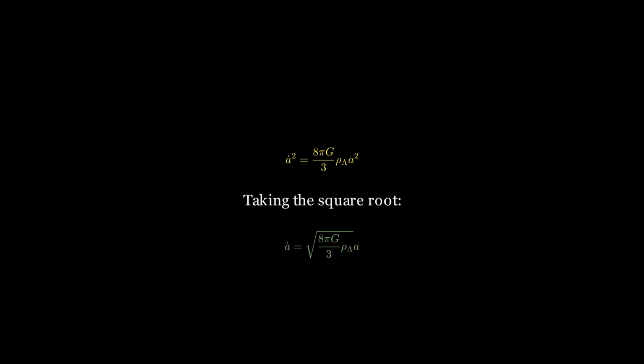Taking the square root of both sides, we get the time derivative of the scale factor equals the square root of 8πG over 3 times ρ_Λ multiplied by the scale factor. The derivative of the scale factor with respect to time equals the square root of 8πG over 3 times ρ_Λ multiplied by the scale factor.